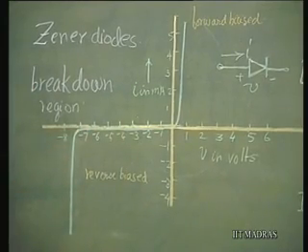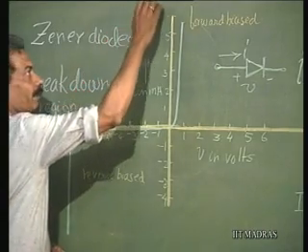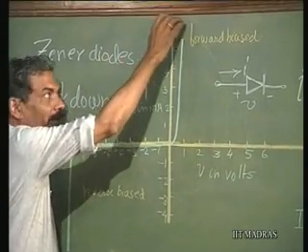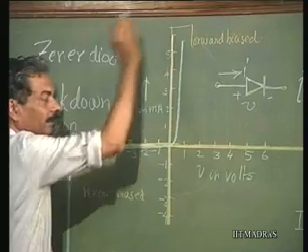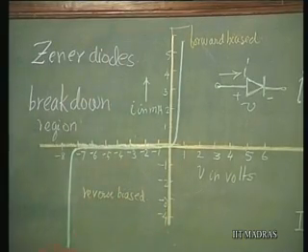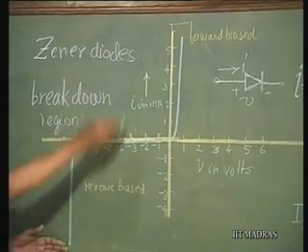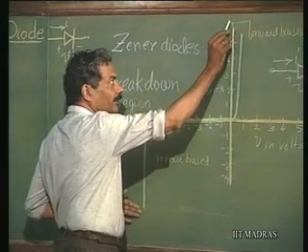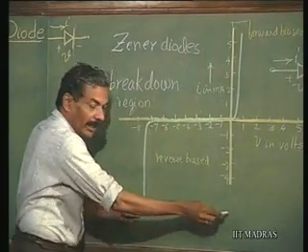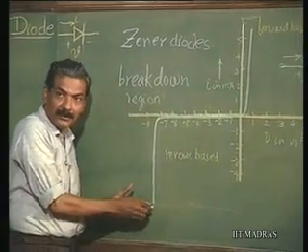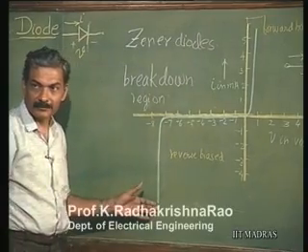But practically there will always be a maximum current up to which you can operate a diode, in the forward bias region as well as in the reverse bias region.